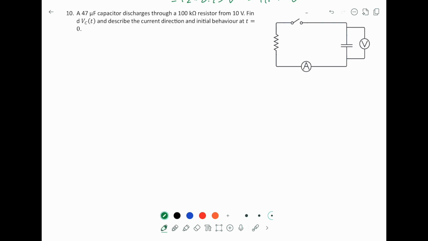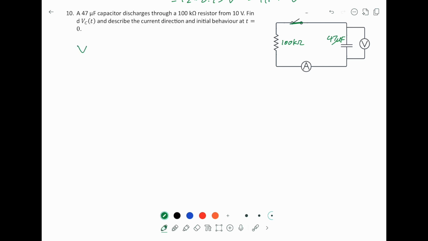Now we have an RC circuit where R is 100 k ohm and the capacitor is 47 microfarad. When the switch closes, it's clear the capacitor discharges, and you want to find Vc.